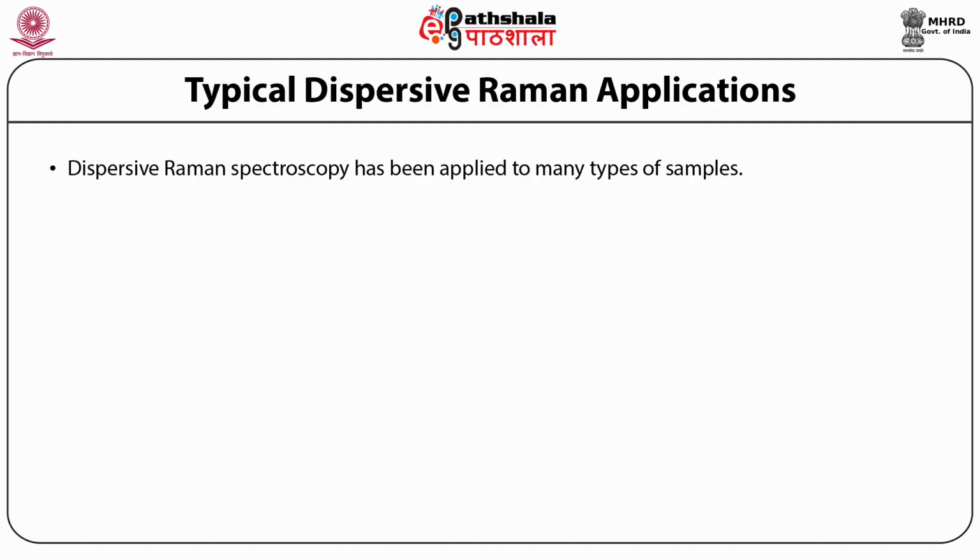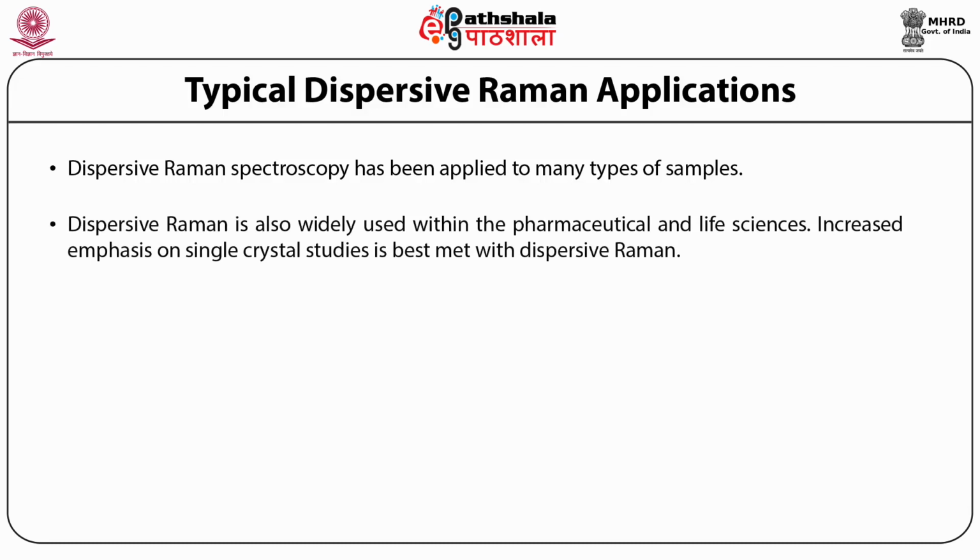Micron level spatial resolution combined with the ability to do confocal analysis and with the higher sensitivity obtained at visible laser wavelengths makes this technique ideal for minor components analysis, defect analysis, sample inclusion, and failure analysis applications, etc. Dispersive Raman is also widely used within the pharmaceutical and life sciences. Increased emphasis on single crystal studies is best met with Dispersive Raman.